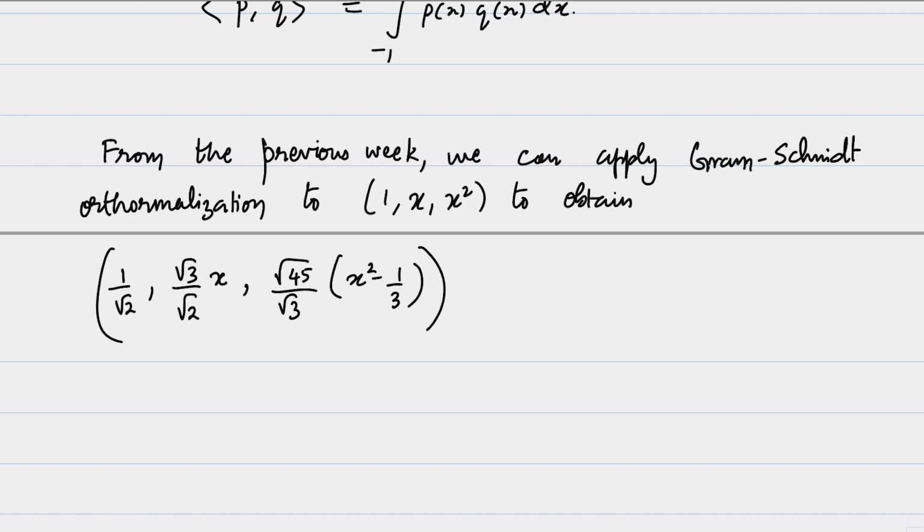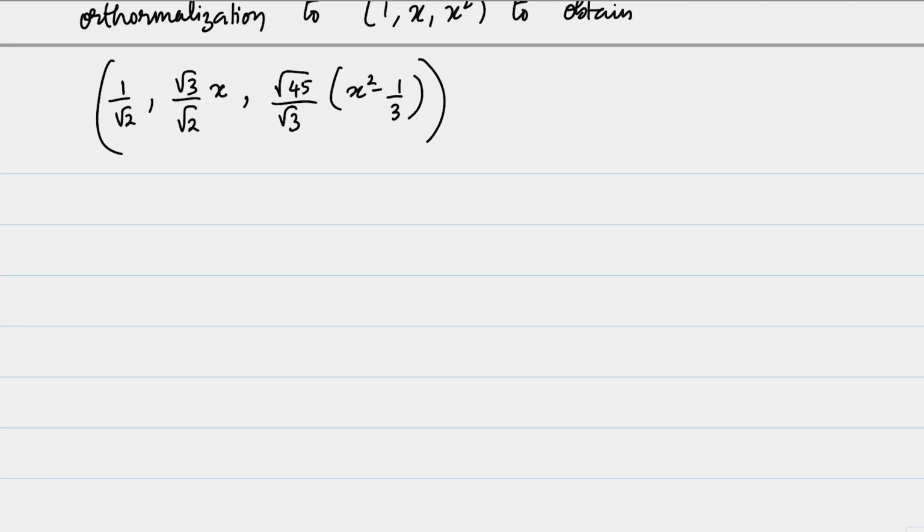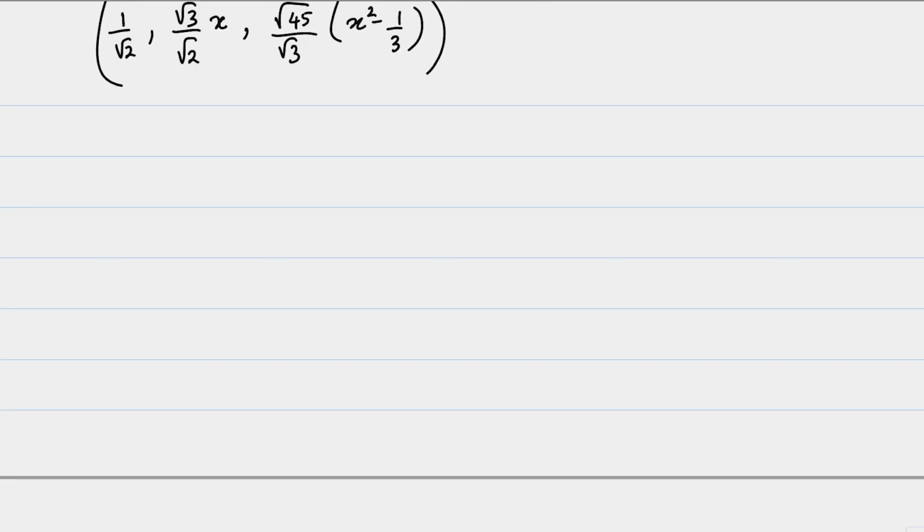So this is the orthonormal basis that we obtain by applying Gram-Schmidt orthonormalization. Now what is the vector W with respect to which, if you look at the inner product, it will give us the evaluation map? We know what the procedure is.